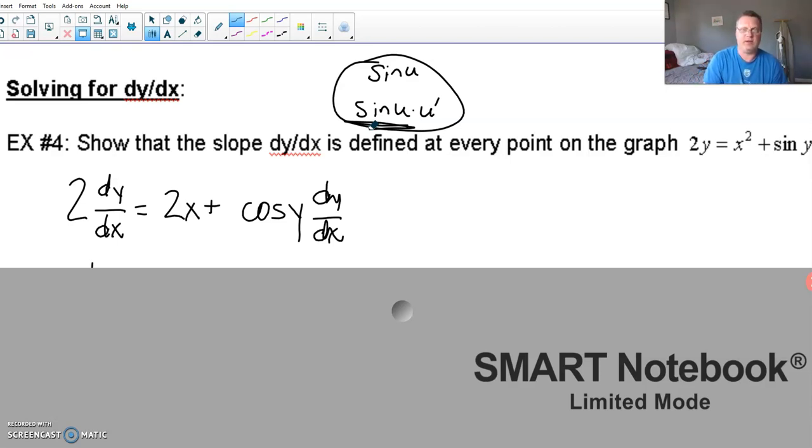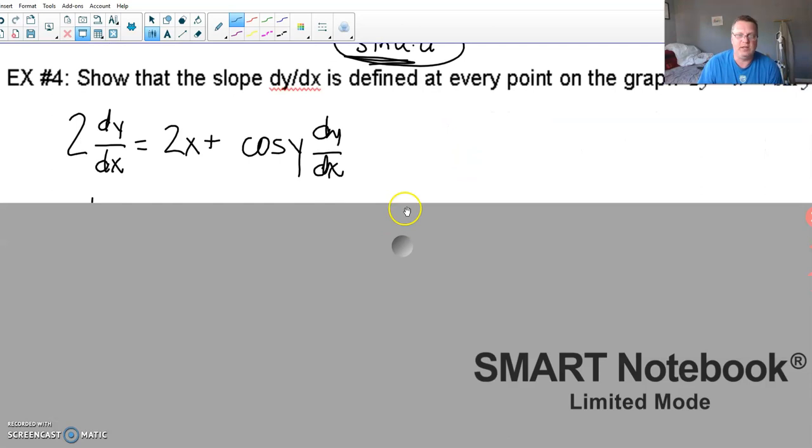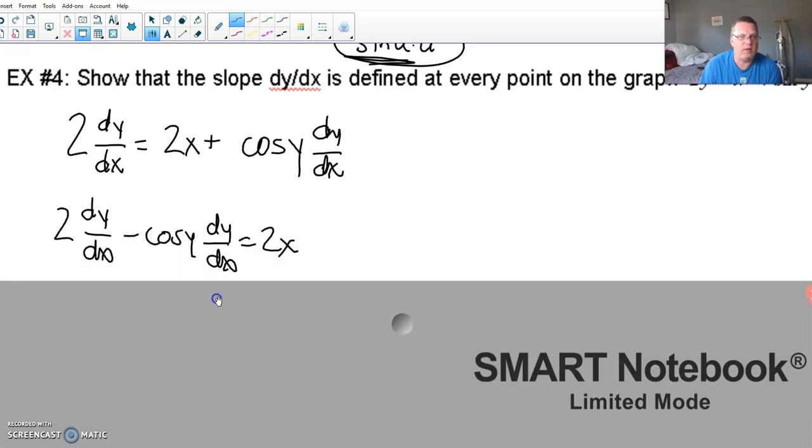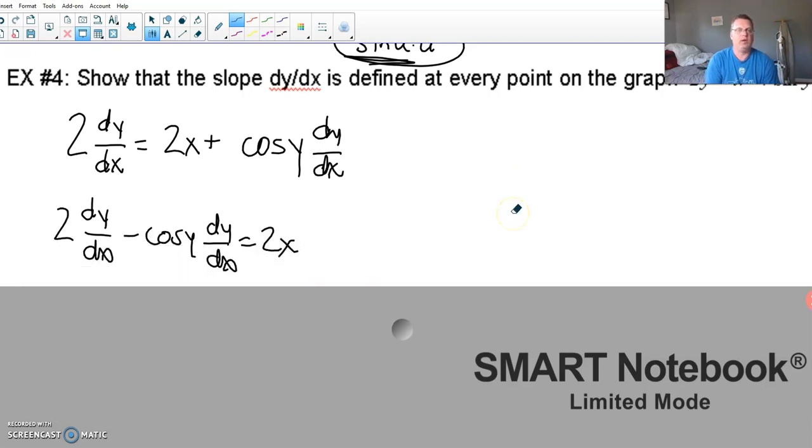All right, so then you have the dy/dx. Now you have to get your dy/dx's on the same side. So I brought the cosine over, subtracting cosine y dy/dx. Now on the left side you have both terms with the dy/dx, so you have to factor it out. Don't worry about the right side yet.